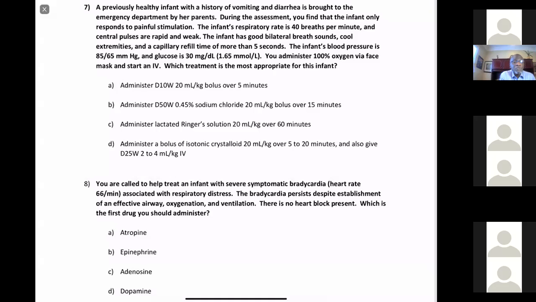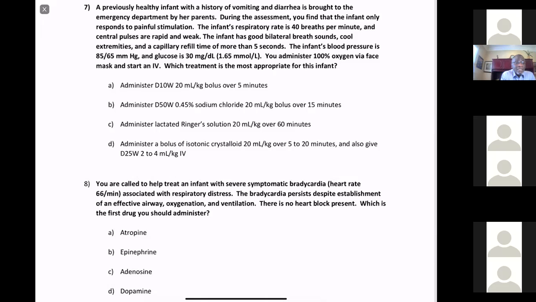The infant has good bilateral breath sounds, cool extremities, and a capillary refill time of more than 5 seconds. The infant's blood pressure is 85/65 millimeters of mercury, and the glucose is 30 milligrams per deciliter. You administer 100% oxygen via face mask, and you start an IV. Which treatment is the most appropriate for this infant at this point?